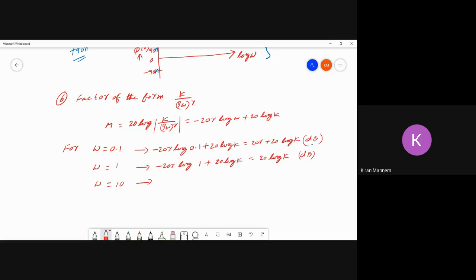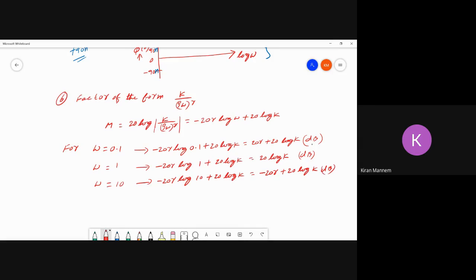Coming to omega equal to 10, it is minus 20r into log 10 plus 20 log k. So the value is minus 20r plus 20 log k. Both are in dB.